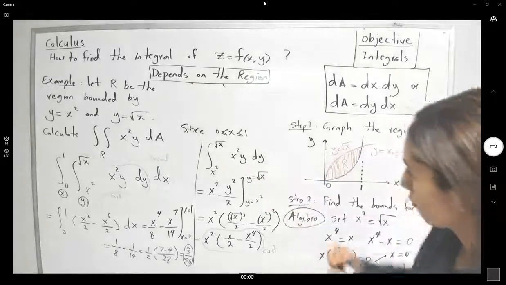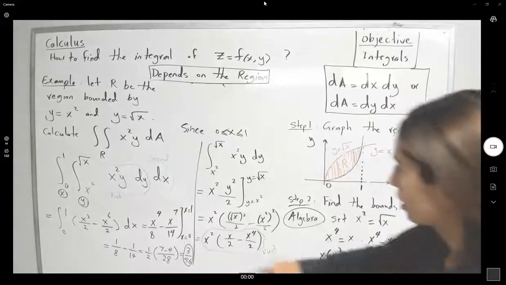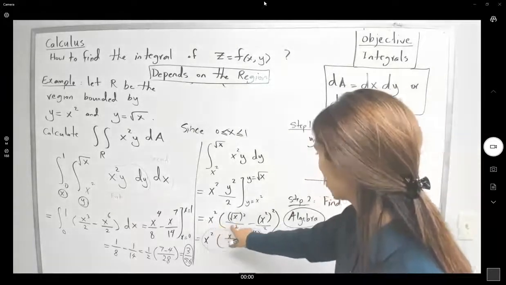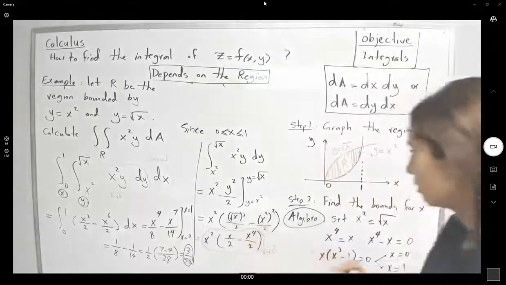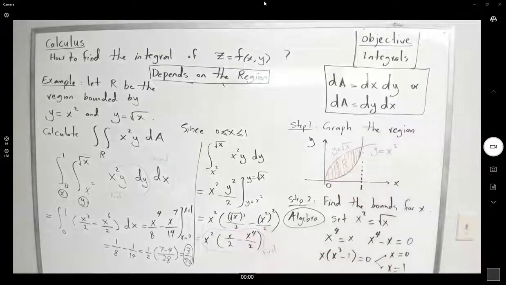So here we have y. Did we do the multiplication? And this is x divided by 2, x squared, okay. Divided by 2, and then x cubed. And here I have x squared times y. Okay, I think it seems okay.